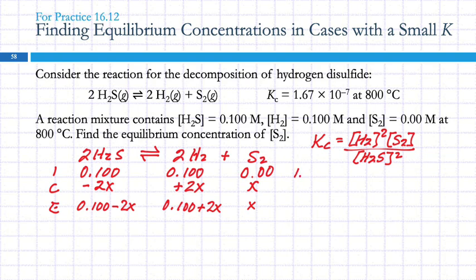So 1.67 times 10 to the minus 7 is equal to my hydrogen concentration, 0.10 plus 2x squared times my S2 concentration divided by the other one, which is 0.100 minus 2x, quantity squared.